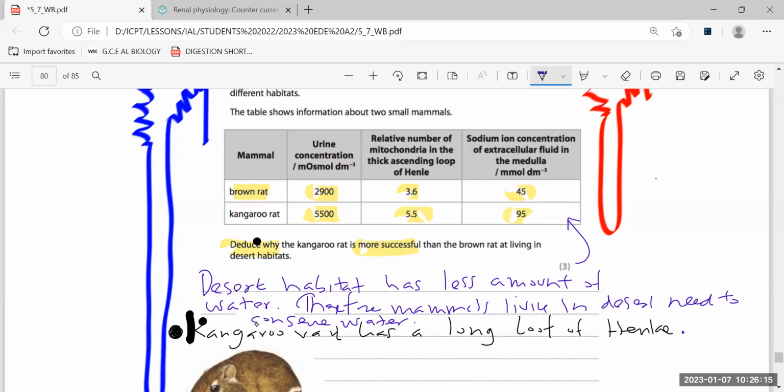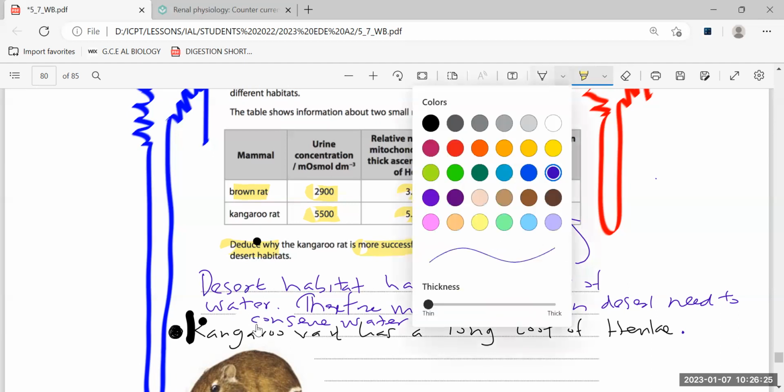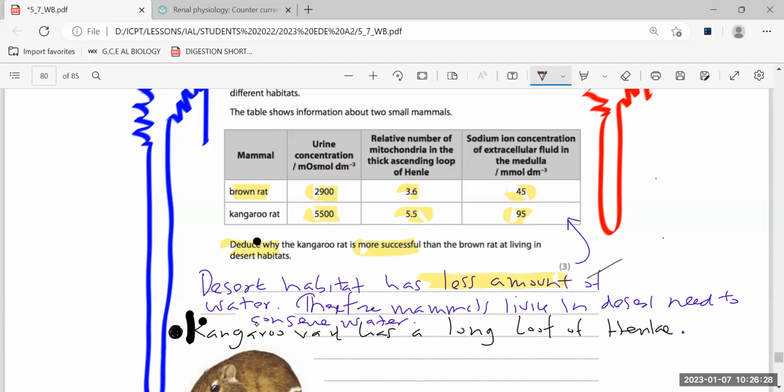Now, if you look at the marking scheme, they offer one mark saying that the water is less in the desert habitat, right? So you get one mark for this one. But in other years when they ask a similar question, they give one mark for the kangaroo having a long loop of Henle.